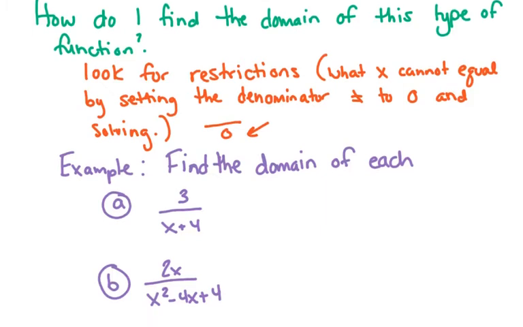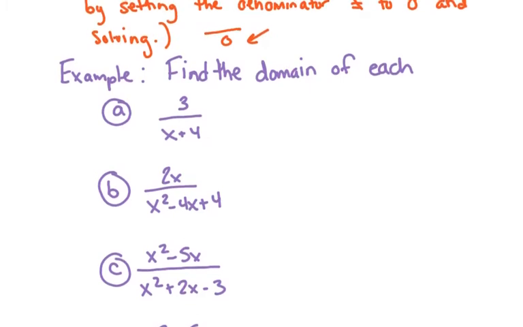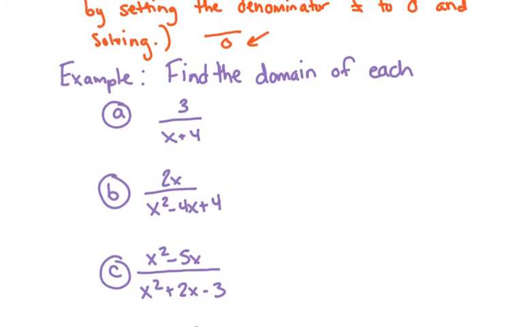So a couple of examples. For the first example, it says find the domain of each. For part A, I'm always going to start by taking my denominator and saying that it does not equal 0, because I know that the denominator cannot equal 0. That's my restriction. When we're looking for domain, though, we're specifically looking for what x cannot equal.